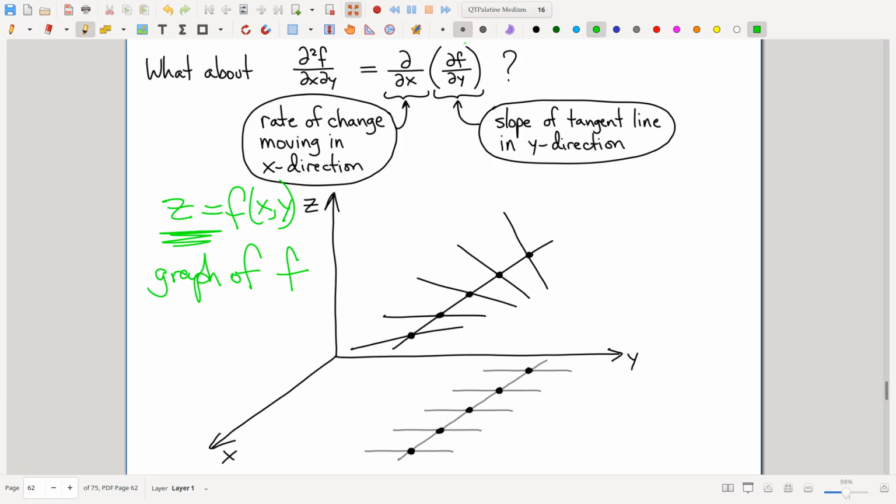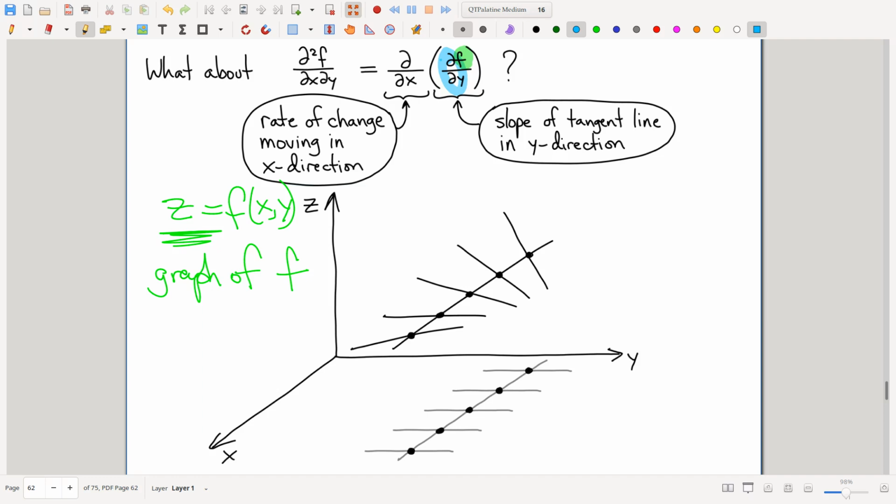So I've got this function f, whose graph we are imagining, right? And now let's ask, how would I understand the y partial on this picture? What do y partials of functions look like on a graph? And that's old news.